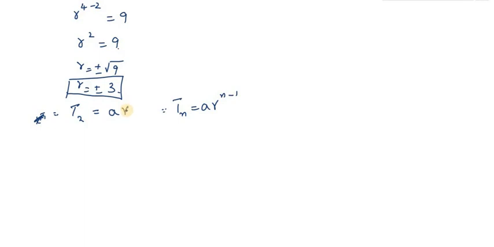So for T2, n minus 1 is 1. So if R is equal to 3, in the question we are given the second term is 6. So the second term is 6 and R is 3. So we get the value of A is 2.